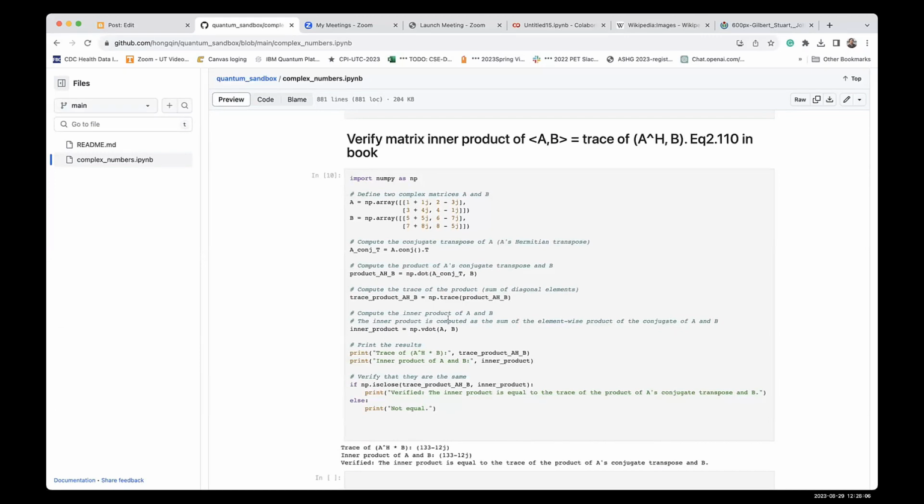So let's see. Is this from the book or not?